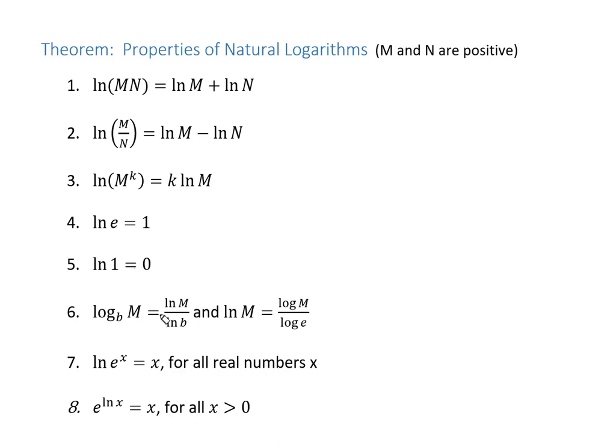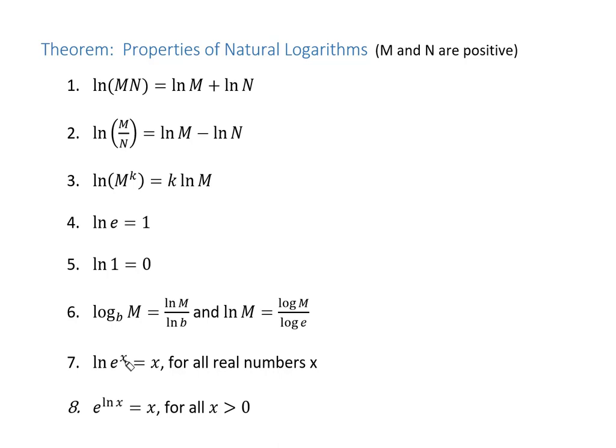And then here we have the change of base formula. If we have log of any base b of m, then that can turn into natural log of m divided by natural log of b. And if you have natural log of m, you can turn that into log of m over log of e, where the log is of any other base.